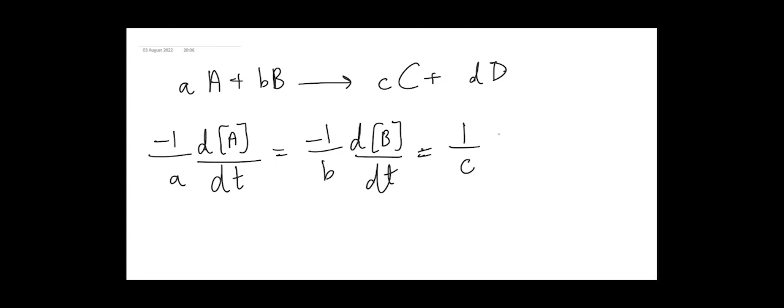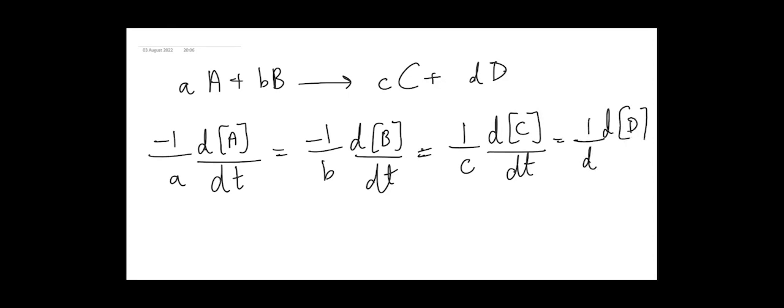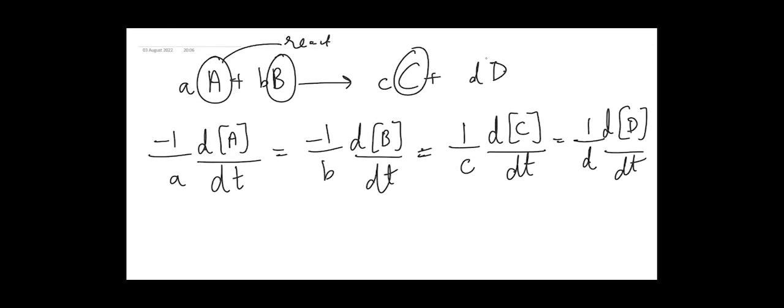But one should take care of the sign involved, whether it is positive or negative. Here capital A and capital B are reactants and capital C, capital D are products. Small a, small b, small c and small d are nothing but the stoichiometric coefficients.